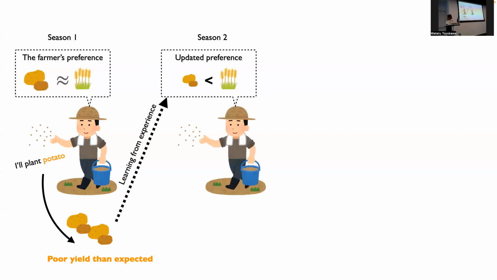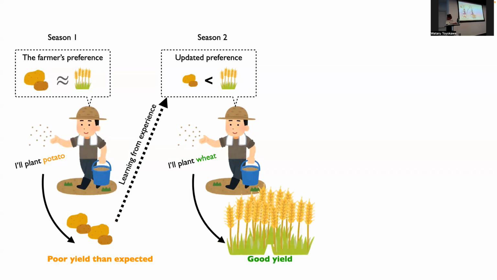This result feeds back to his belief. Now he knows potato didn't work well last season, so he might have a slight preference toward wheat. So then, let's plant wheat.